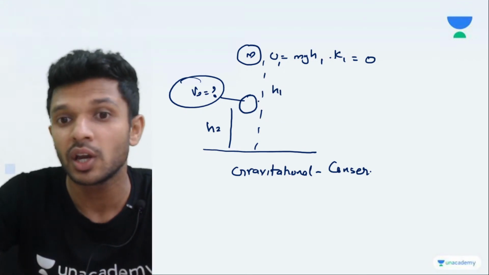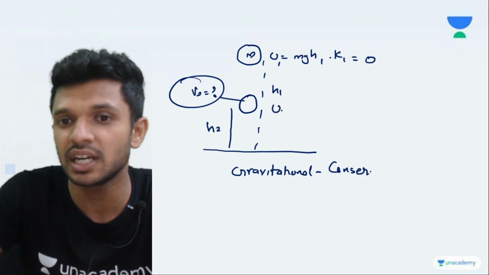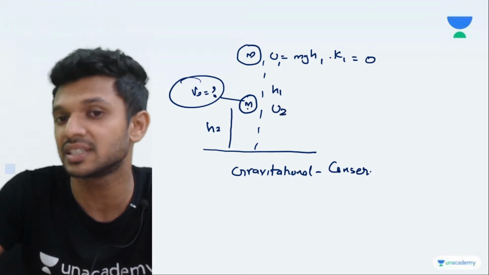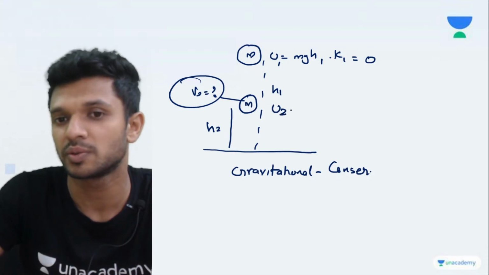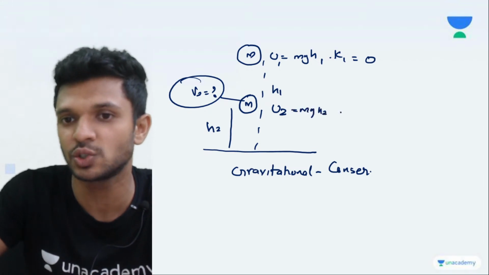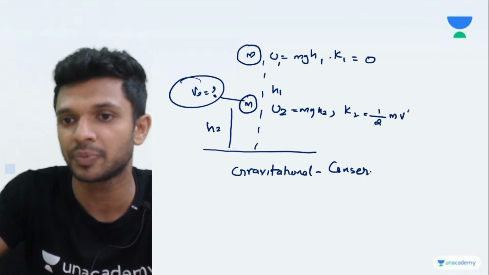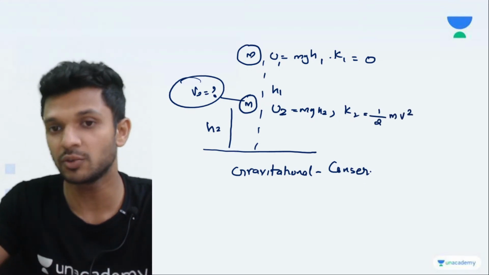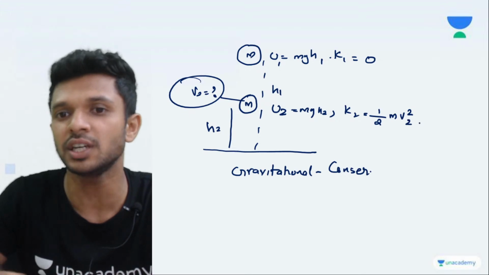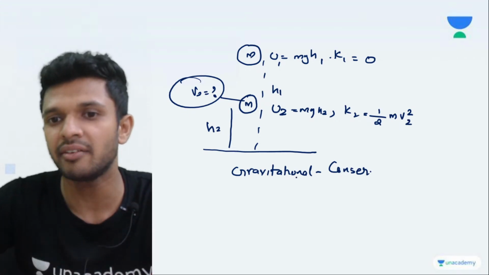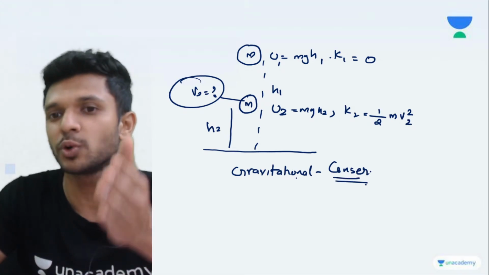So write down which all are the energies associated when this ball of mass m is at a height of h2. Potential energy is mgh2, and it will be associated with a kinetic energy of half mv square. Question was how to find out this velocity v2. How will I find? Only gravitational force is acting, a conservative force.